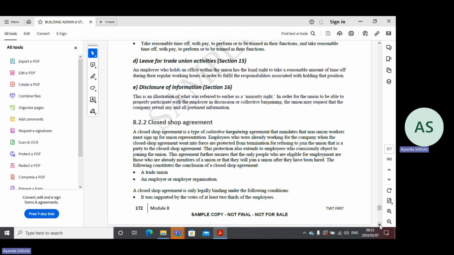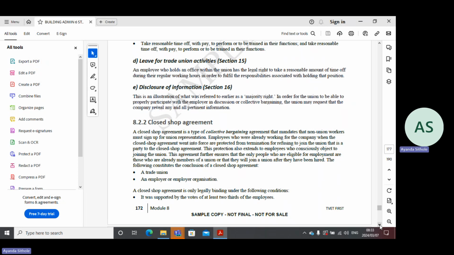So there is a closed shop agreement. Then we have the constitution that concludes a closed shop agreement, which is between a trade union and an employer, or an employer organization. Okay.